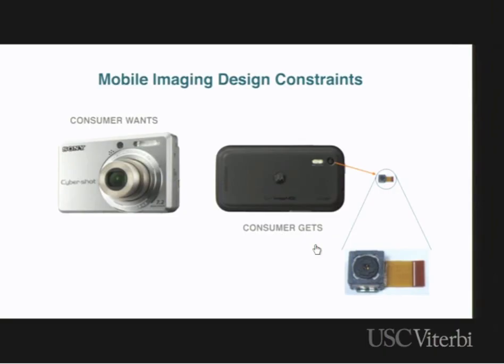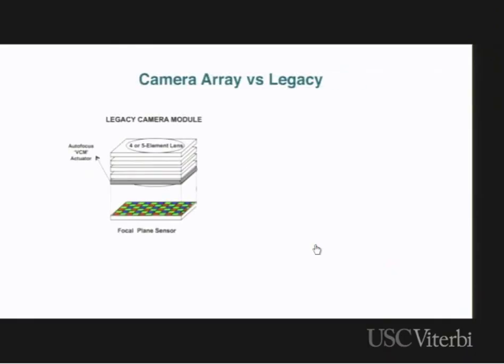We call today's camera the legacy camera. A high-resolution legacy camera is shown on the left and typically contains a single image sensor integrated with a multi-element lens stack. There is usually an autofocus actuator built into the lens stack to enable autofocusing. A Bayer color filter array on the focal plane enables the pixels to capture color information about the scene.